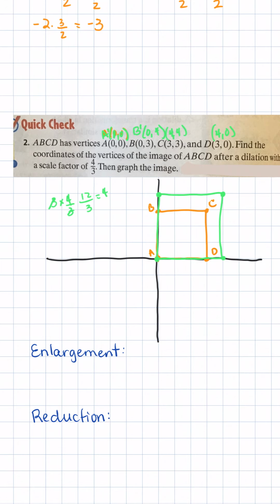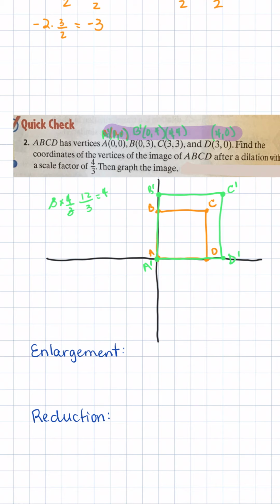So here is the dilation image. And then graph it. These were the points up top here, and this is it graphed.